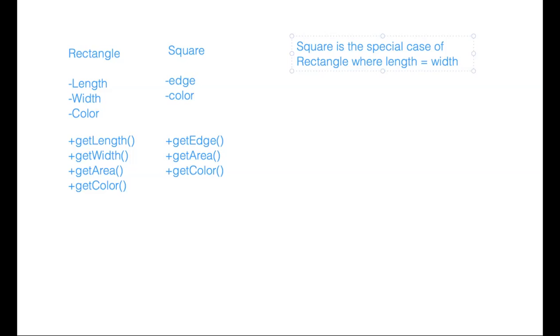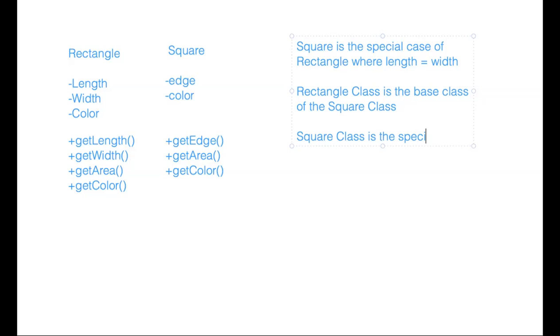So the rectangle class is the base class of the square class, and the square class is the special class of the rectangle class.